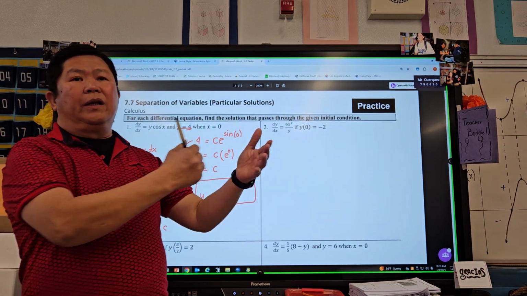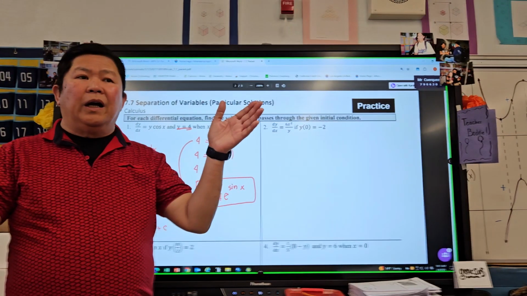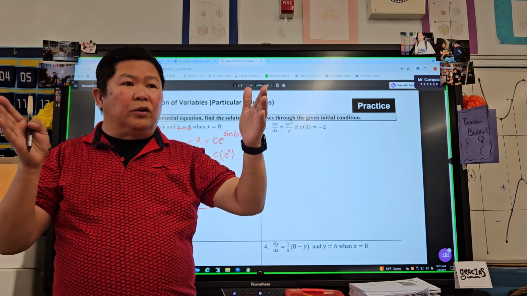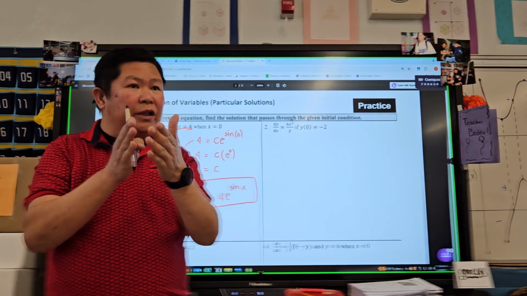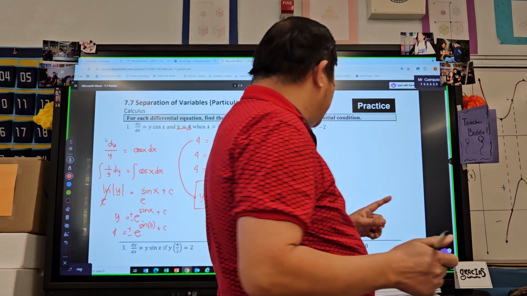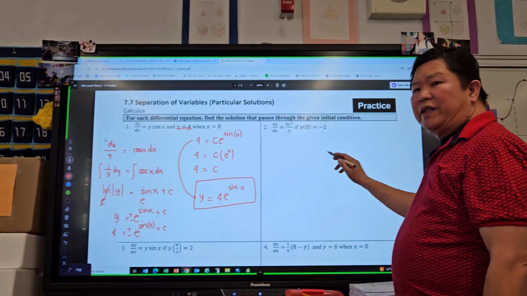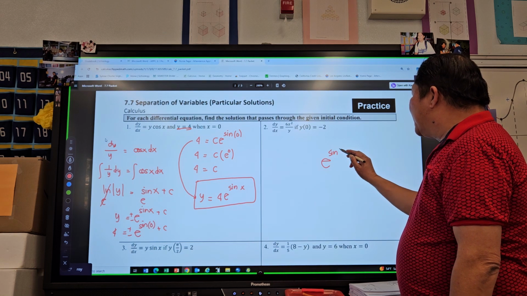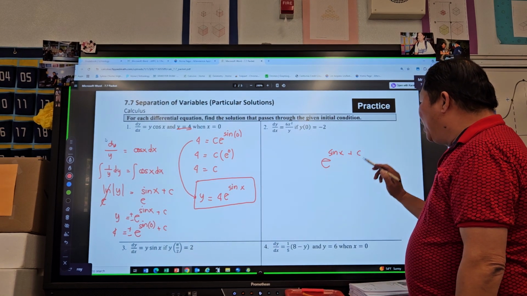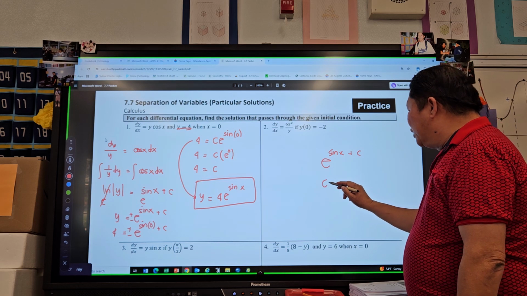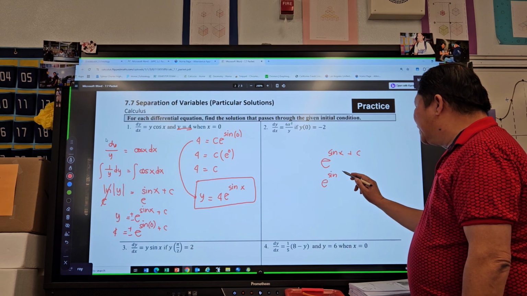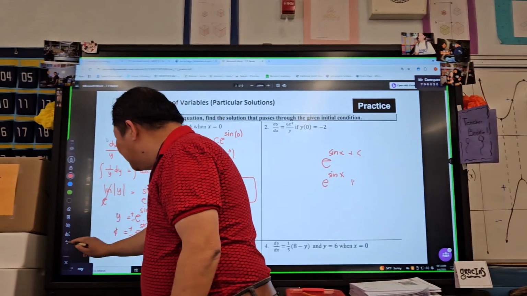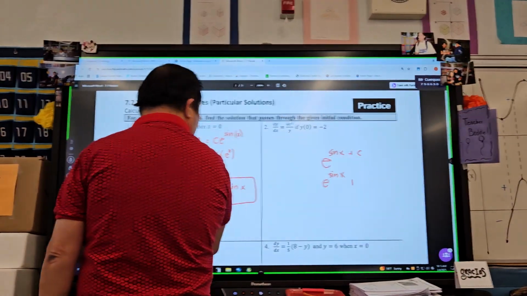LA City. Now what is the law of exponent? The first one, addition, that's the expanded form. Then what we do? We do compress. Addition turns to multiplication. So in that case, this is just the same as e to the power of sine x plus c, meaning e to the power of sine x times e to the power of c.